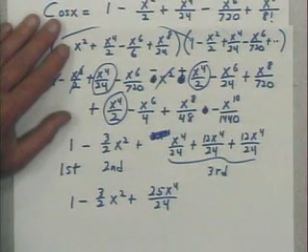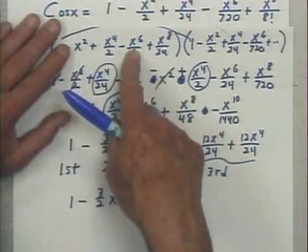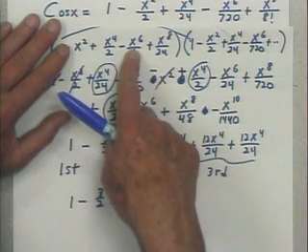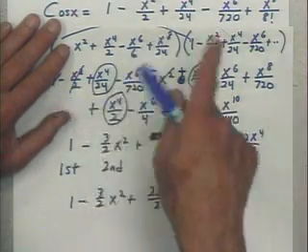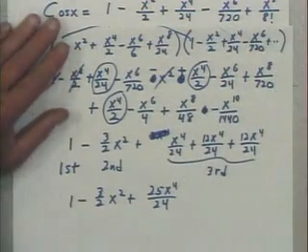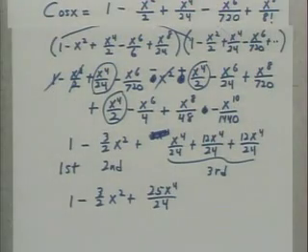And the answer is no, because the next term is x to the 6th, and he's just going to produce x to the 6th or higher. And the third term has an x to the 4th in it. So these are a little bit painful, because you have to expand each series and then start foiling until you get the first 3 terms exhausted.